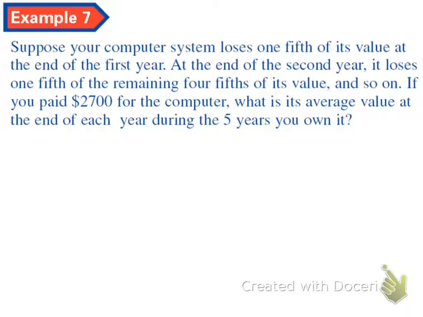So what we need is a rule for any term. The rule for any term would be equal to the initial amount, the first term, times the rate. Now we need a rate of decrease. The rate of decrease is always found by 1 minus the rate.